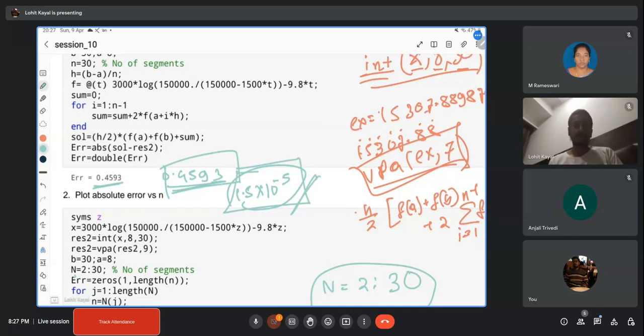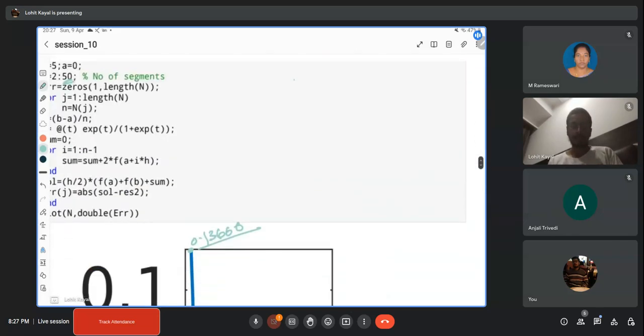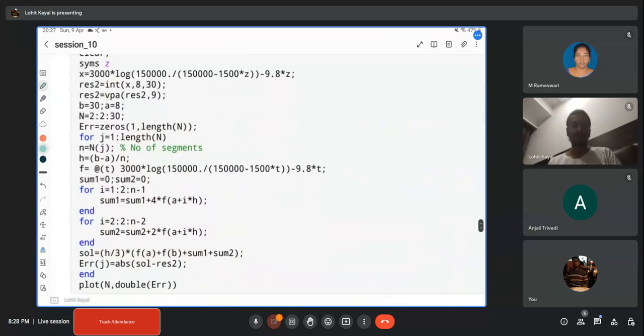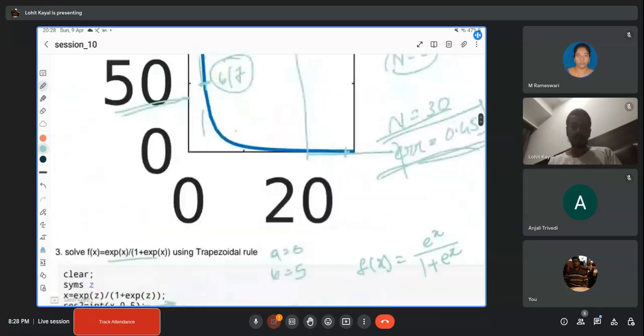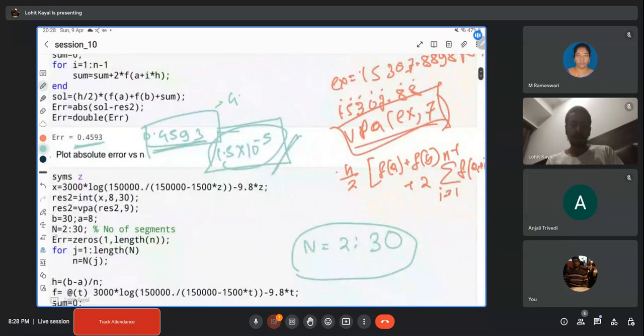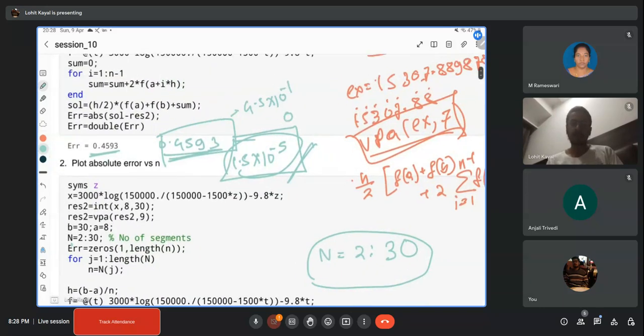Which indicates that if you are satisfied with this kind of error, this 0.4593 is actually 4.5 into 10 to the power minus 1. So this is of order 1 and this is of order 5.